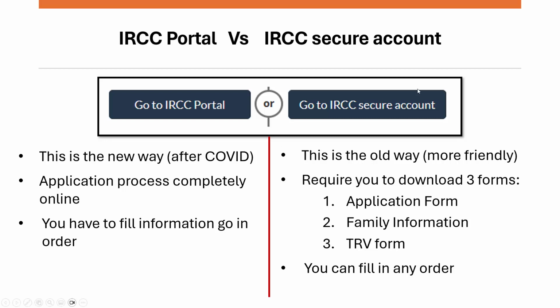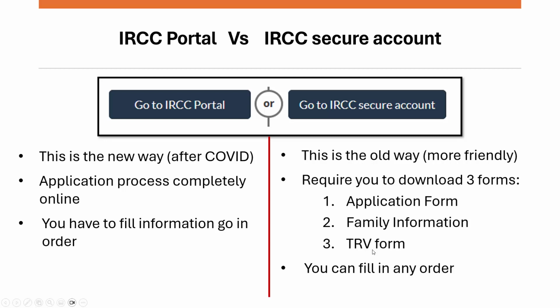But the IRCC Secure Account is the old way. This is the oldest way of applying for the visa, and it's more friendly because it's not this portal. It's a different portal. In this method, they will require you to download three different forms: the application form, the family information form, and the TRV form.